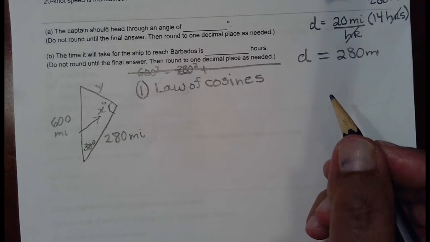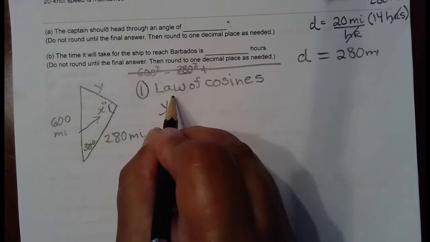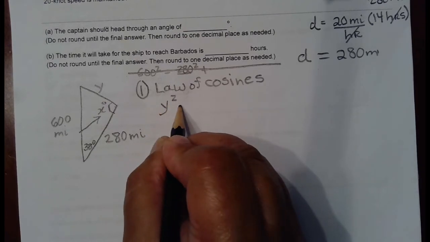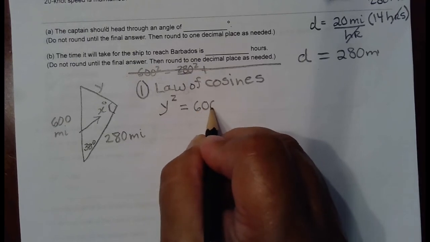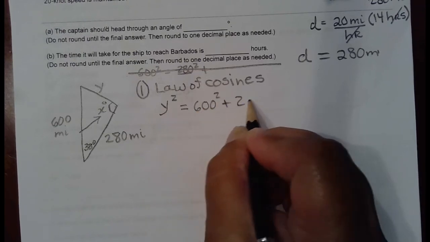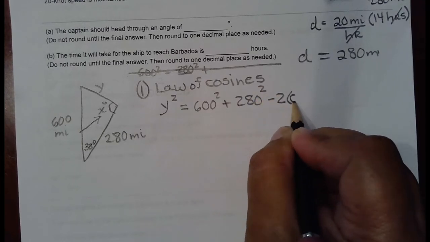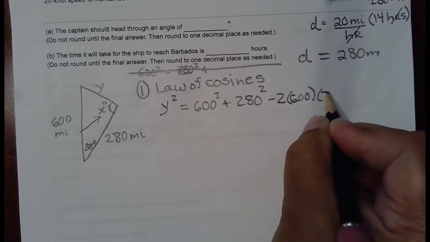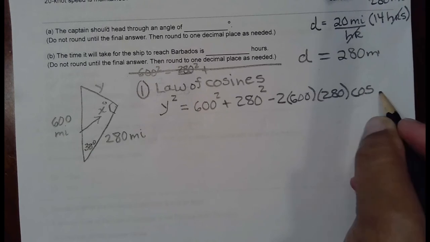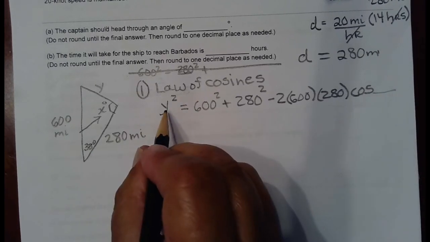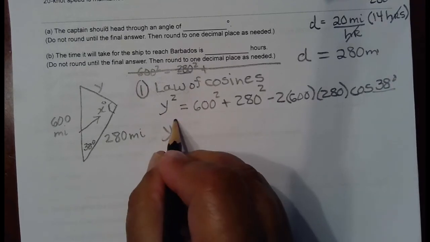So we're going to get y squared. Let's go ahead and put all these numbers in. So notice that what I've chosen this time only has one unknown, and that should always be the case. So this is 600 squared plus 280 squared minus 2 times 600 times 280 times cosine of 38 degrees. Okay, that comes out to be 173628.